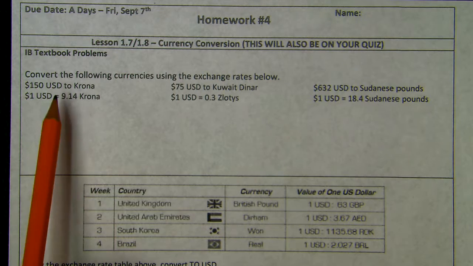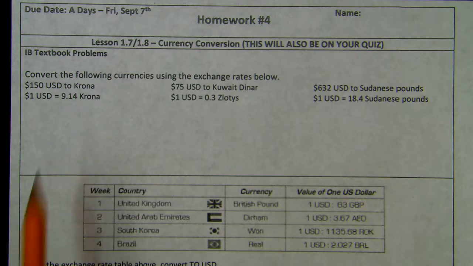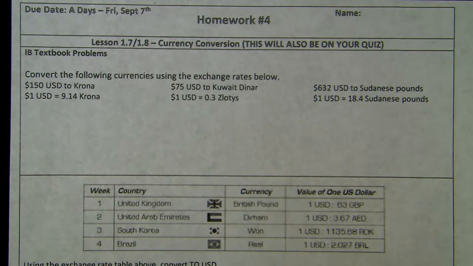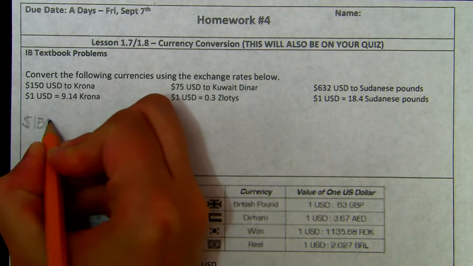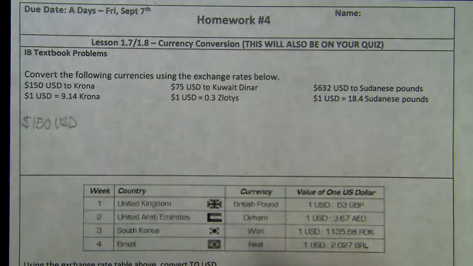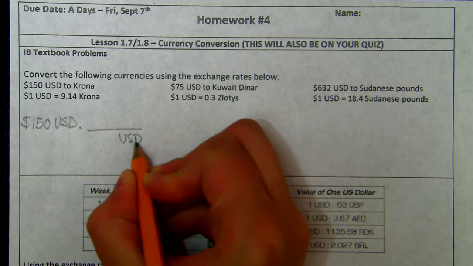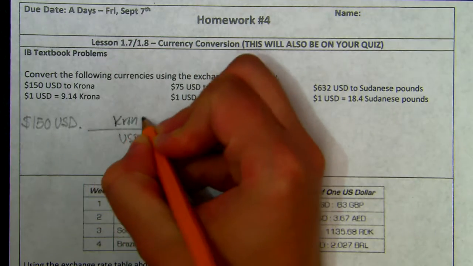So we're converting the following currencies using the exchange rates below. So we're converting 150 US dollars to krona, and 1 US dollar equals 9.14 krona. So what do I start with? I have 150 US dollars. Multiply that. If I have US dollars on the top, I want US dollars on the bottom on this conversion, and then I'm going to put krona on the top.